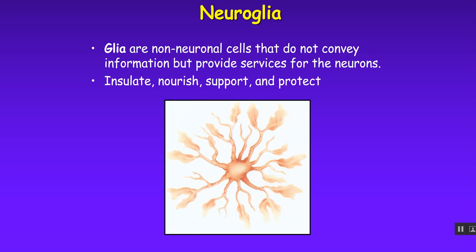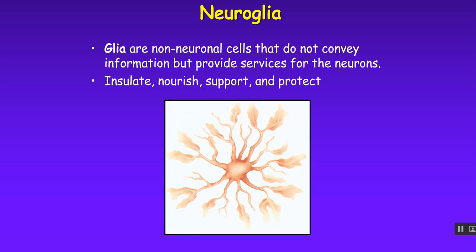Glial cells are non-neuronal cells that do not convey information as a neuron would, though I would put an asterisk, because there's some really interesting new work showing that glial cells probably do have some communication ability. They're not sending action potentials. They communicate by moving certain molecules from one to another, but not in the traditional sense of an action potential or a nerve depolarizing.